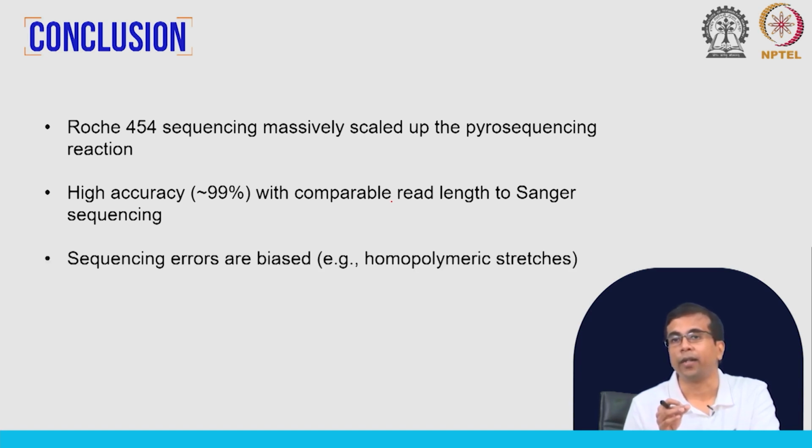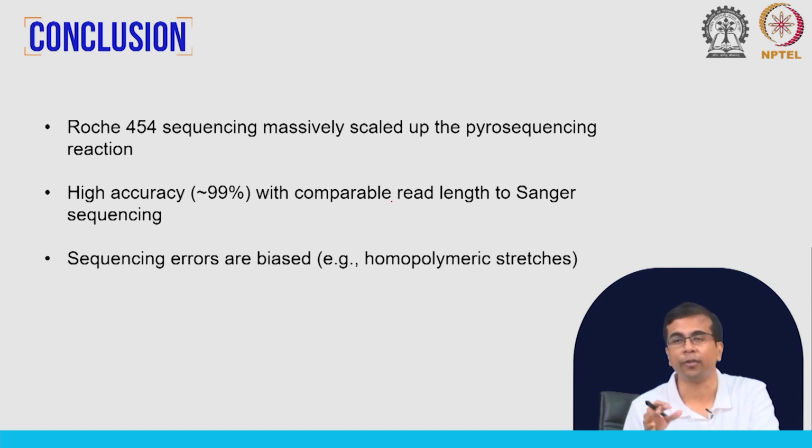Of course, this is not perfect; there are some drawbacks. One drawback is that it is very expensive because it uses so many enzymes and reagents, and it could not compete with the newer technologies that were much more affordable. This is the reason why 454 was closed down in 2013.